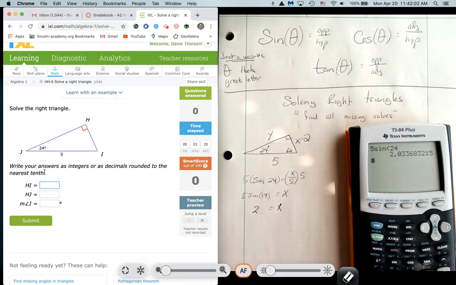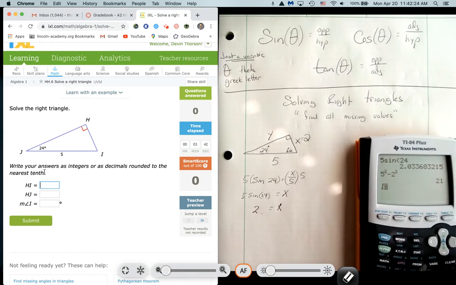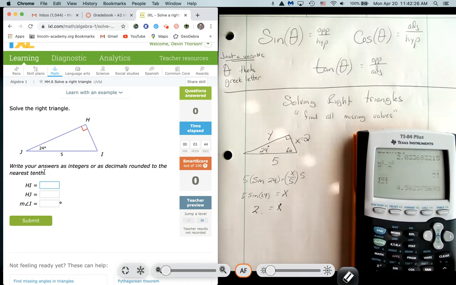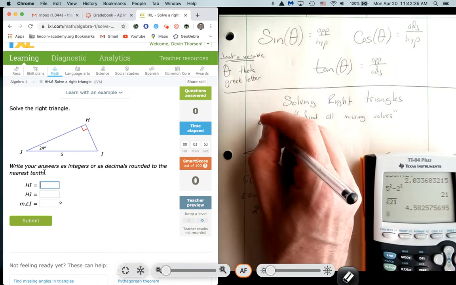So 5 squared minus 2 squared gives me 21, and now I'm going to take the square root of 21, using this blue square root button right there. And I get 4.58. Again, it asks us to round to the nearest tenth, so I'm going to do 4.9. Come out here and write 4.9.